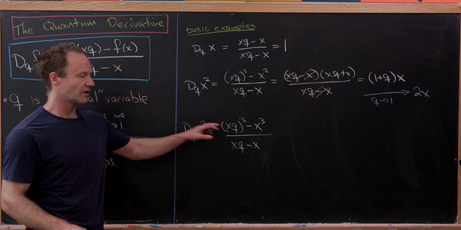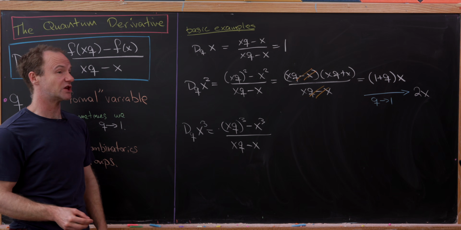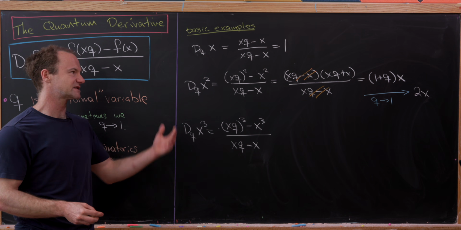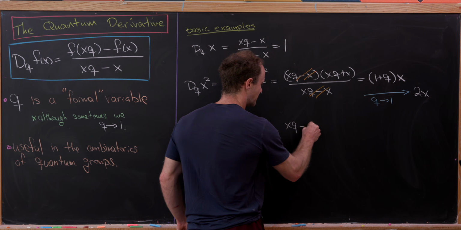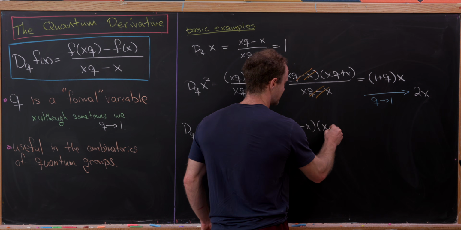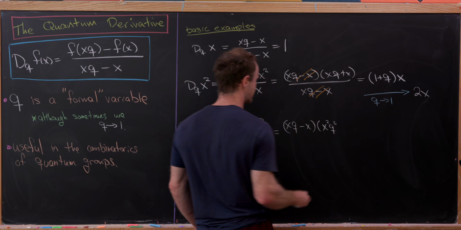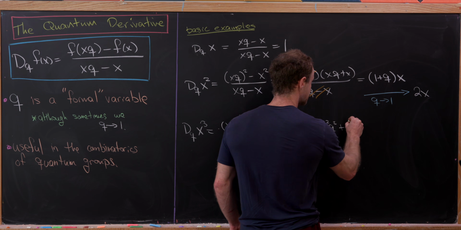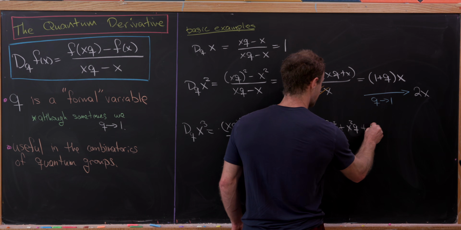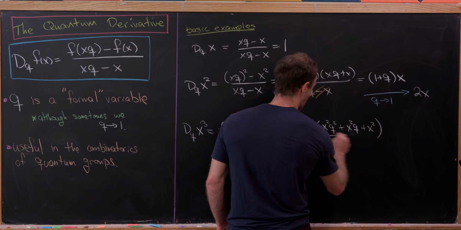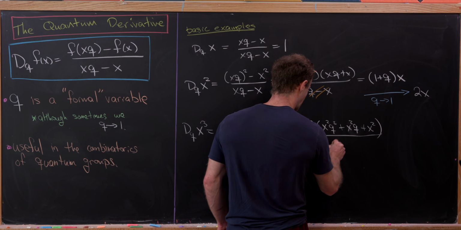But now in the numerator, we can use this difference of cubes formula, which is pretty similar to the difference of squares formula. So that'll give us xq minus x times xq, both of those squared, and then plus x squared times q, and then finally plus x squared. And then all of that is over xq minus x.